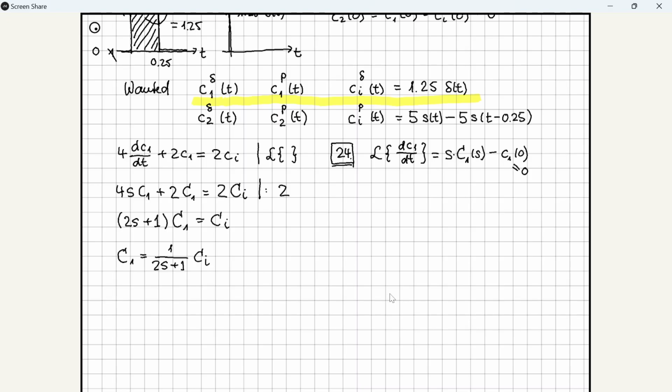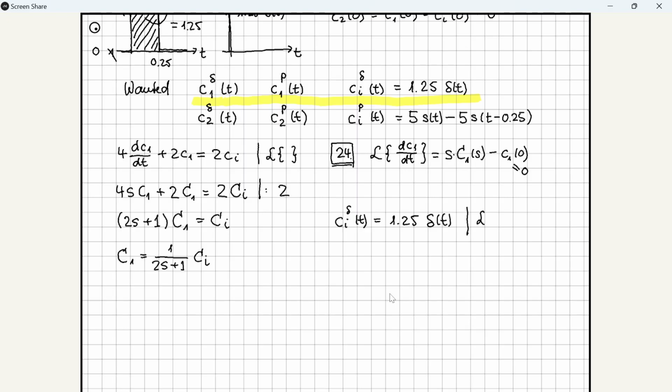All right. So now I want to say, well, my input function is ci. I need to do the Laplace transform here of the input. My input was ci delta of t equals 1.25 times delta of t.